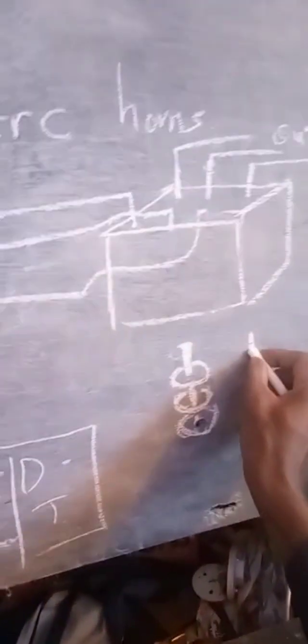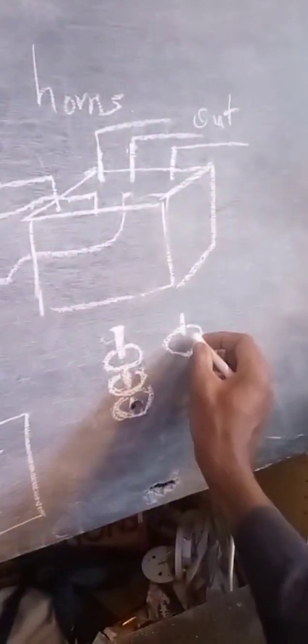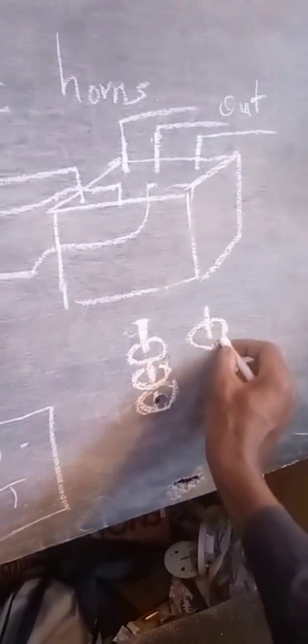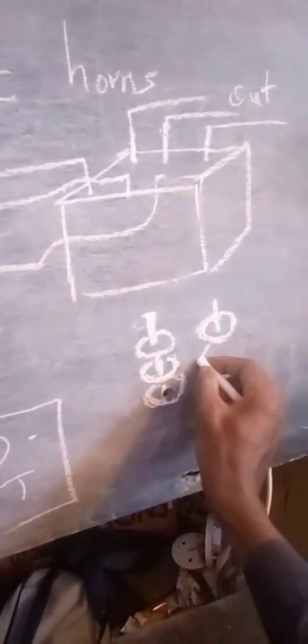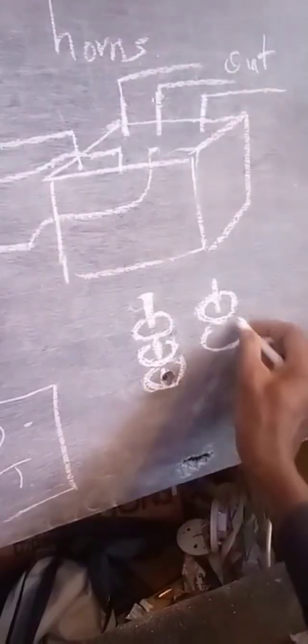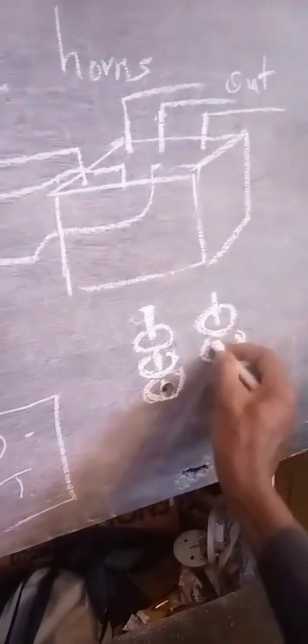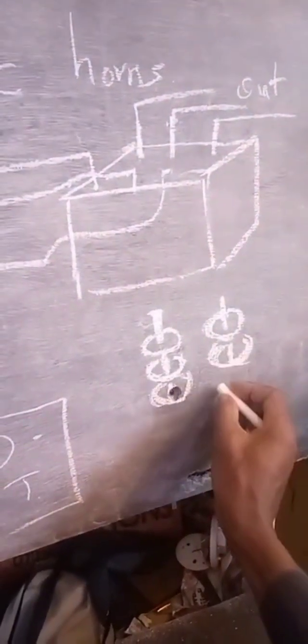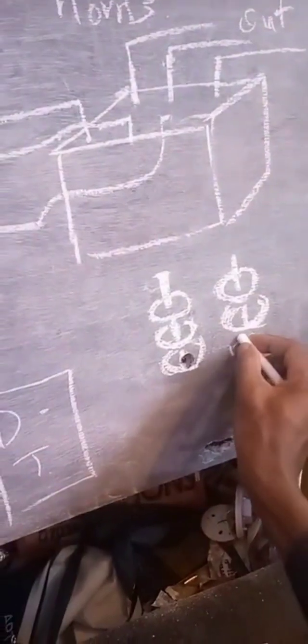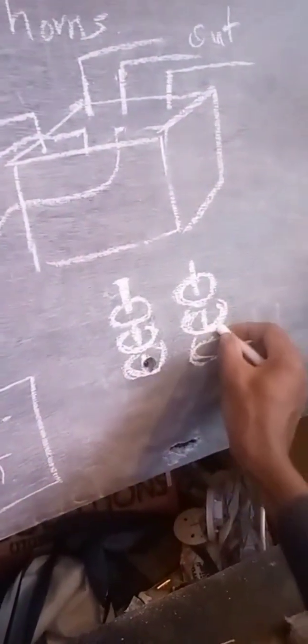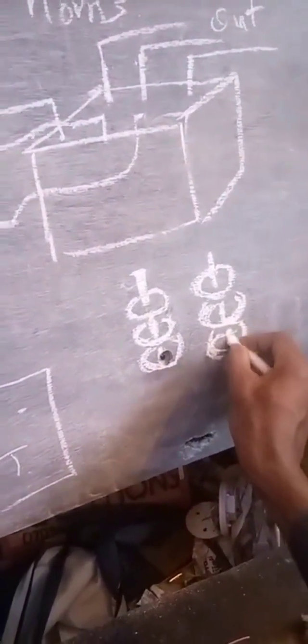So we have high voltage bushings. I'm still trying to draw them for you to understand. These are the ceramic insulators that are found on the high voltage bushings.